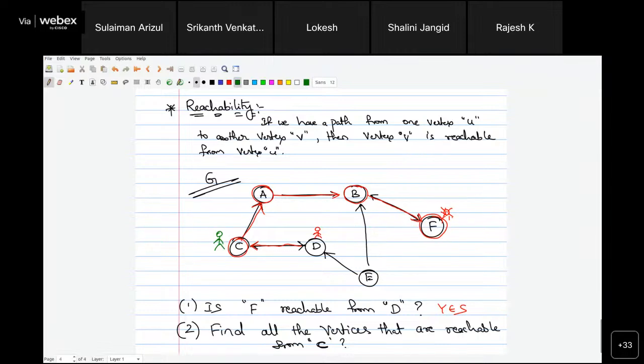A, B, F, D. Correct, except E. If I am at C, I can reach D, so vertex D is reachable from C. From this edge, I can reach A, so vertex A is reachable. From A I can go to B, and from B I can reach F. So if I am at C, I can reach A, B, F, and D. Okay, this is also okay, cool.